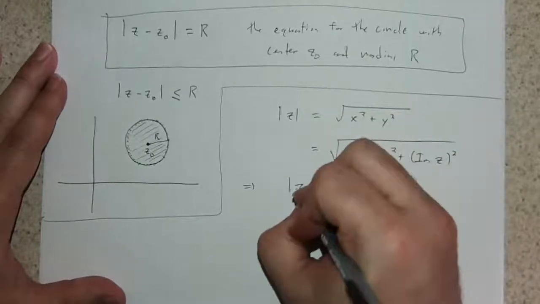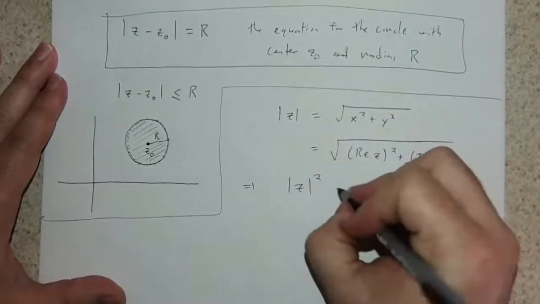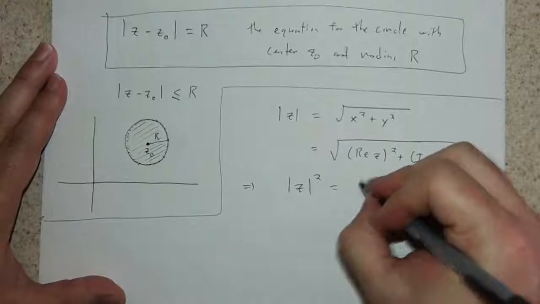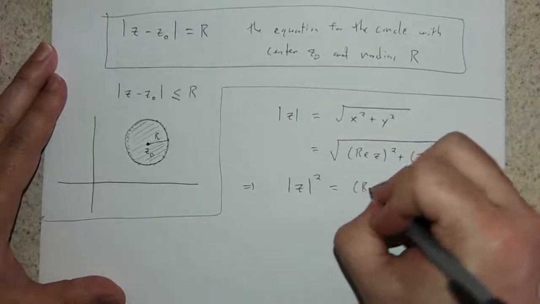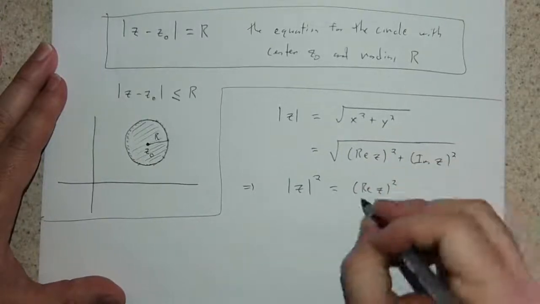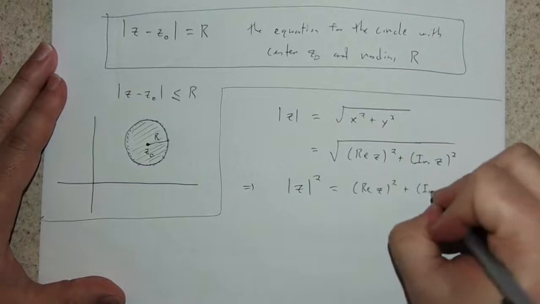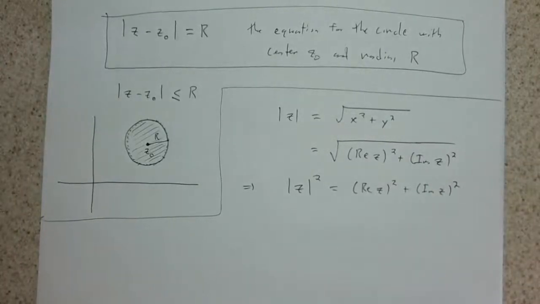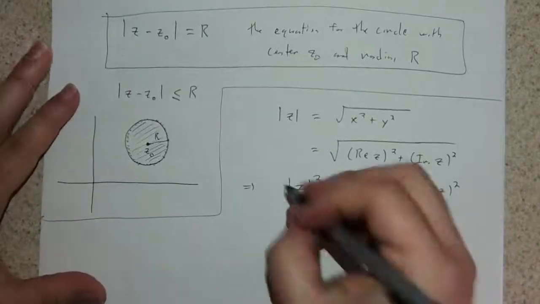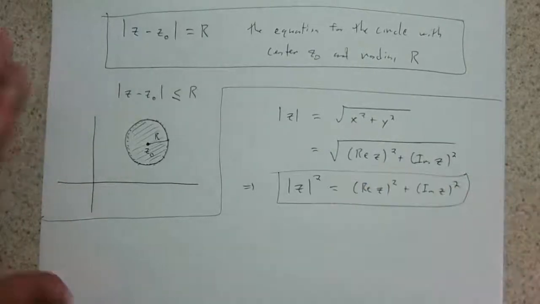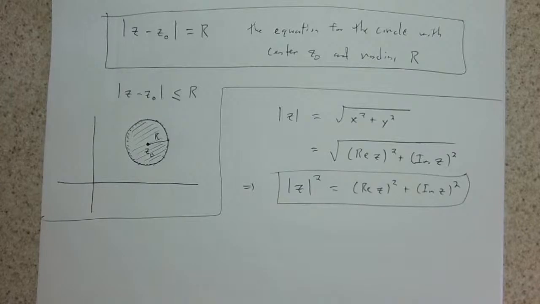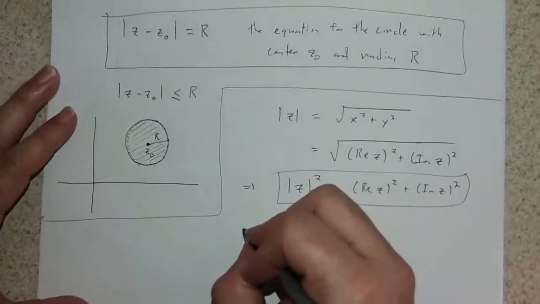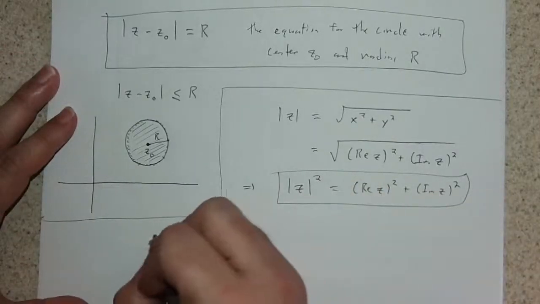Alternatively, if I square the modulus, this is just the sum of the squares of the real and imaginary parts. So this is the real part of z squared plus the imaginary part of z squared. Okay, but what does this tell you? Noting that the modulus is also always positive, this gives me the following fact.